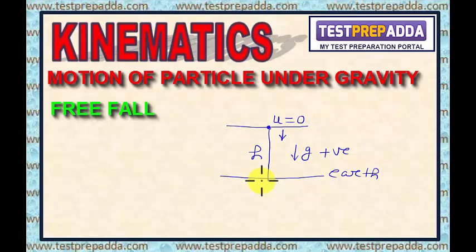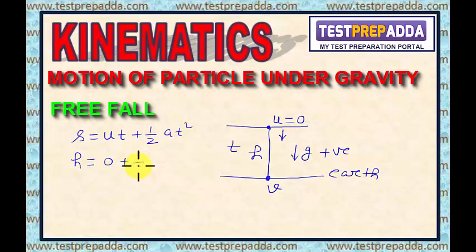Now, the velocity of the object when it reaches the surface of the earth can be taken as v, and the time taken to cover this h height, if I take this as t, then to get this time t, I will use equation of motion S is equal to ut plus half at square. Now here S I will write as h, u is 0, so this part becomes 0 plus half, acceleration due to gravity is taken as g and t square. So this way the time comes as 2h by g.